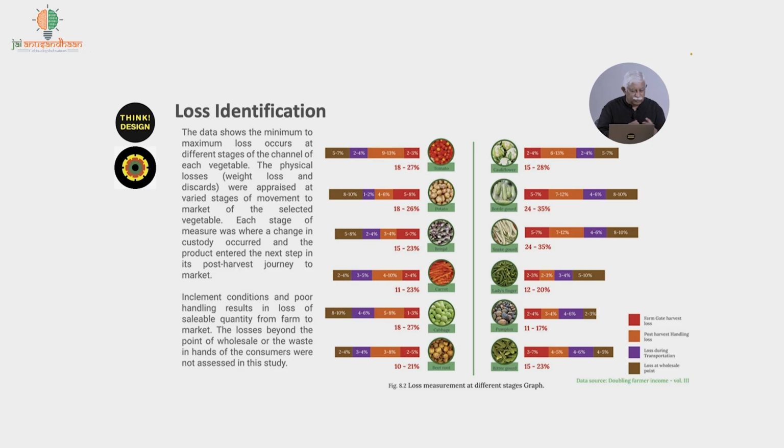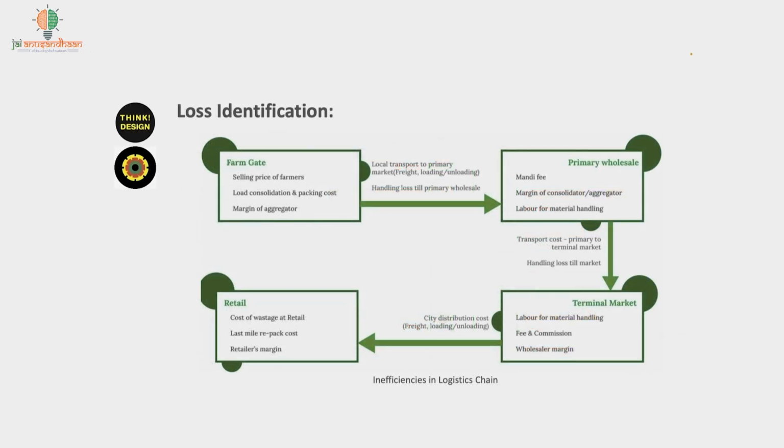The physical losses, weight loss and discards were appraised at varied stages of the movement of the vegetable from the farmland to the market. Each stage was a measure where the change in custody occurred and the product entered the next step in the post harvest journey to the market. It was a detailed study, and points where loss of vegetables occurred were identified.